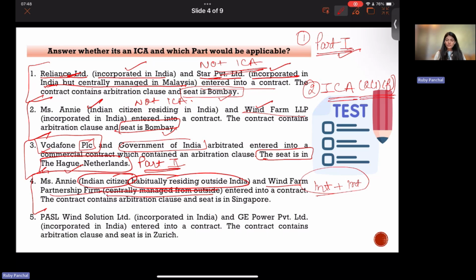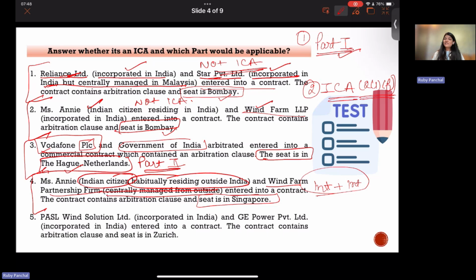But we would hold on to that. Why? Because the seat here is Singapore. So Part 1 doesn't apply. So we will not contemplate it as per the definition of 21F. We will hold that question to ourselves: how are we defining ICA in Part 2, right?